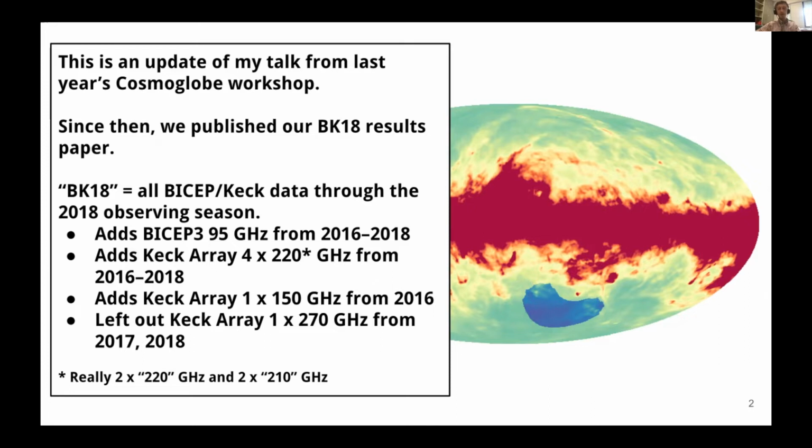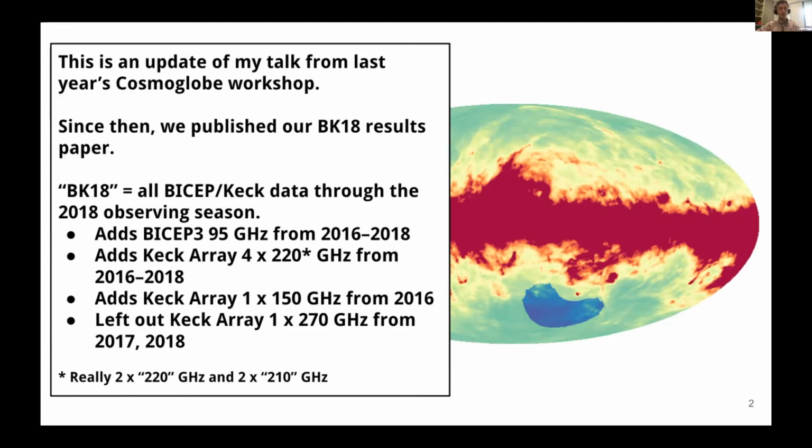The data set that did not make it into this paper, but which we are starting to look at now, is that one of these Keck Array receivers was upgraded to a 270 gigahertz focal plane. This was a little experimental, trying to operate at much higher frequencies from the pole, basically to determine whether the dust would get bright fast enough to cancel out the worsening atmosphere.